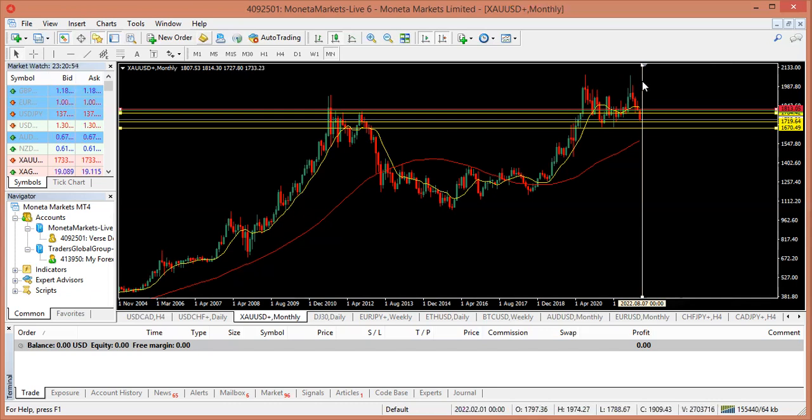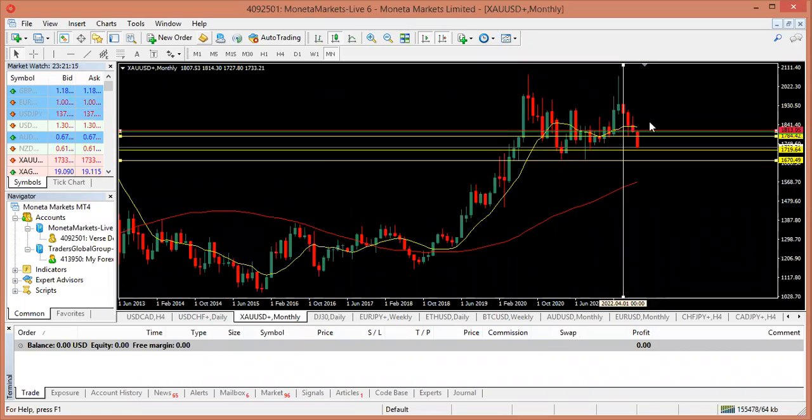Okay, so let me take this vertical line to this point now. Okay, monthly time. Oh, we are seeing a month. Okay, so have I seen correctly? All right. So the current month you are in, July, is this one.